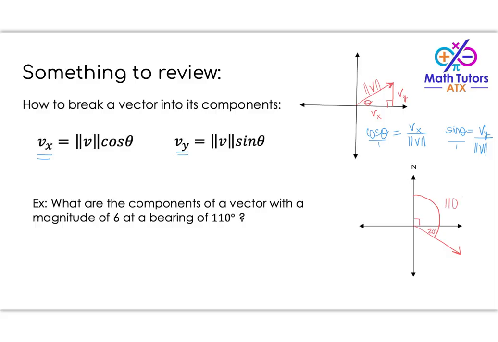That makes the bearing of 110. But on the unit circle, this is 0 or 360. I can either look at this as 360 minus 20 or 0 minus 20. So theta would be either negative 20 or 340. It does not matter which one. They're the same coterminal angle.